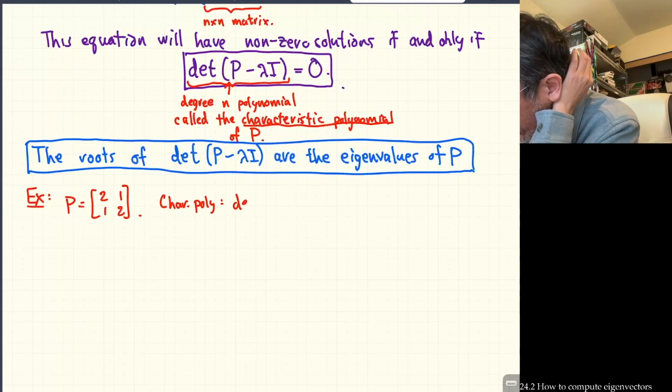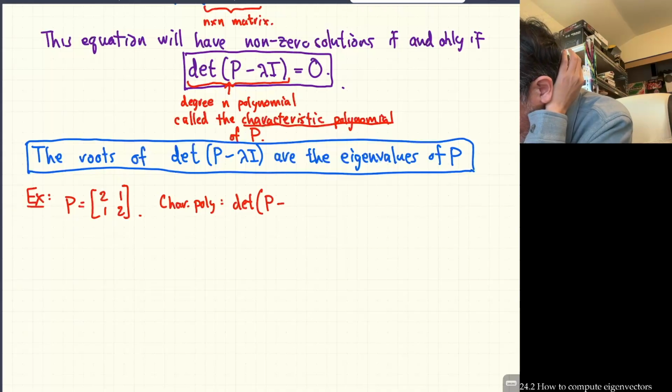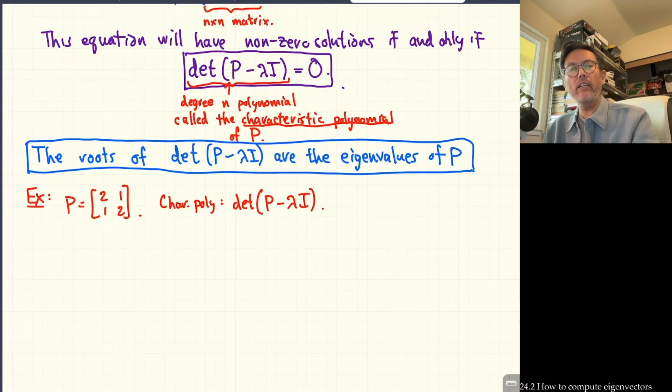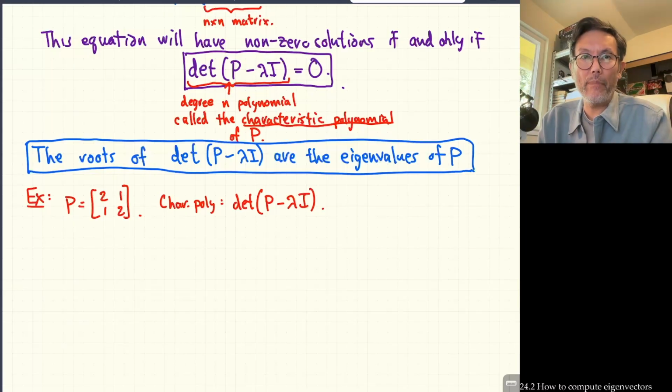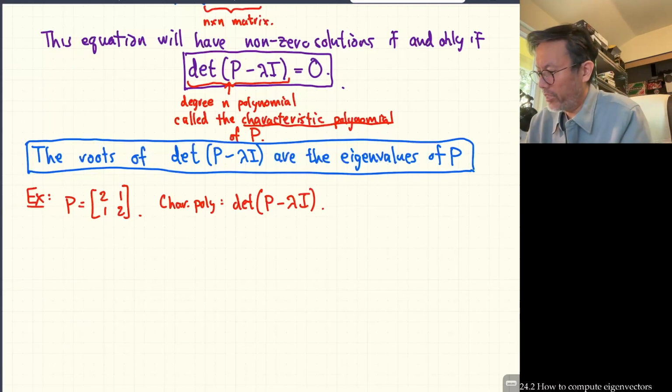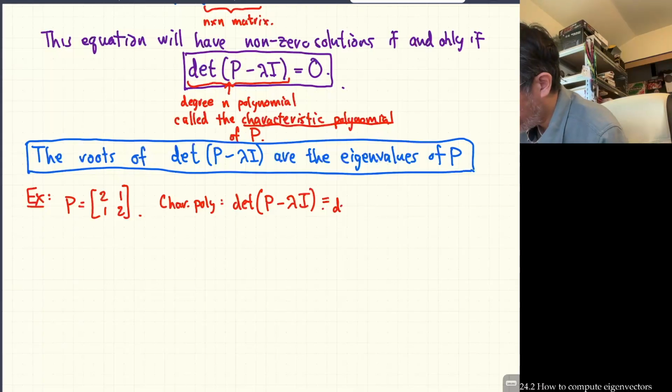This is the determinant of P minus lambda times the identity. Of course, the identity here is the 2x2 identity matrix. So this is going to be the determinant of [[2, 1], [1, 2]] minus lambda times [[1, 0], [0, 1]].